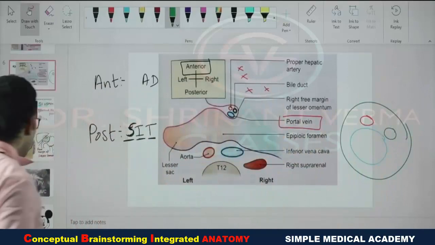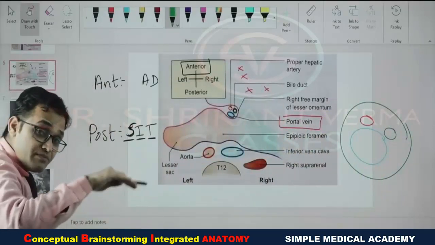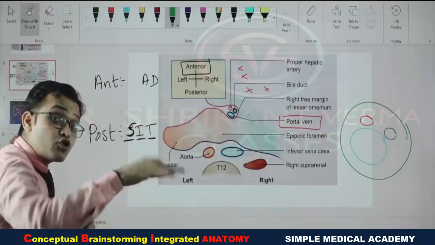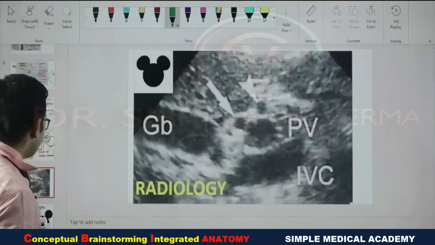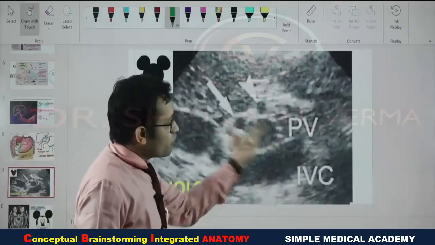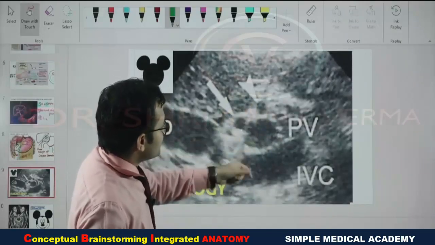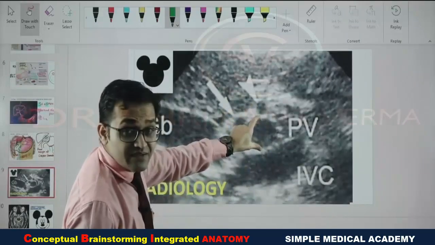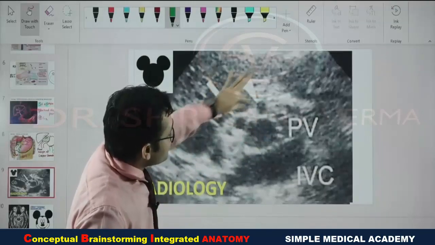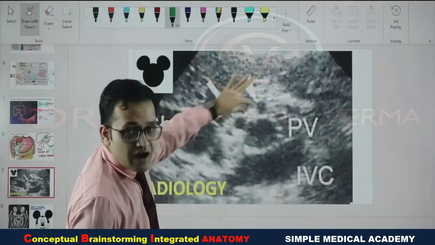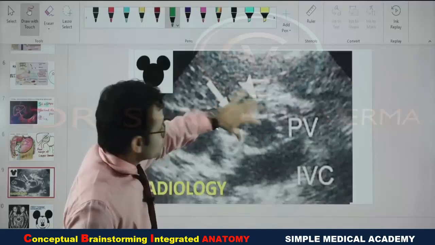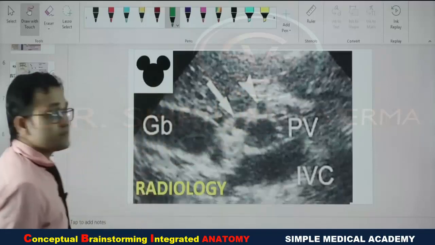Okay, so now correlate this medicine, pathology and anatomy topic with your radiology. Yes, can you see? During the radiological examination like the ultrasonography, when you see this image, the portal vein is getting dilated, while the bile duct and the hepatic arteries are normal in size. So it is mimicking like this.